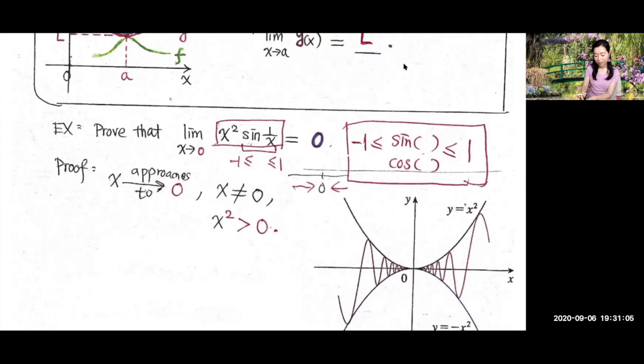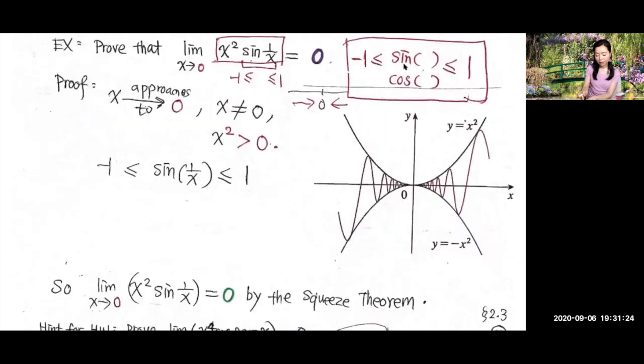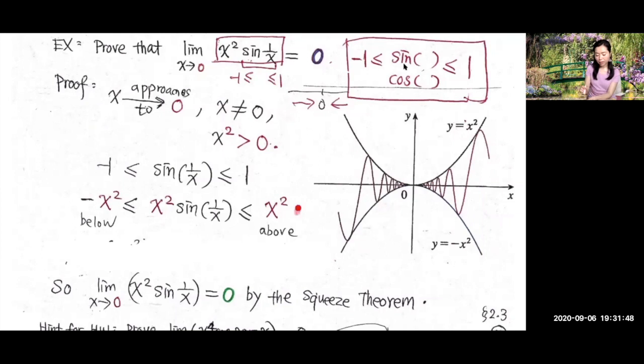So we have sine of 1 over x bounded above by 1 and bounded below by -1. Now we can multiply x squared with each side of this double inequality. Multiplied by a positive quantity, the inequality sign is not going to switch, so it will stay the same. Now this is a function above, and this is a function below to squeeze this function. So we have found the two functions to squeeze this function in between.